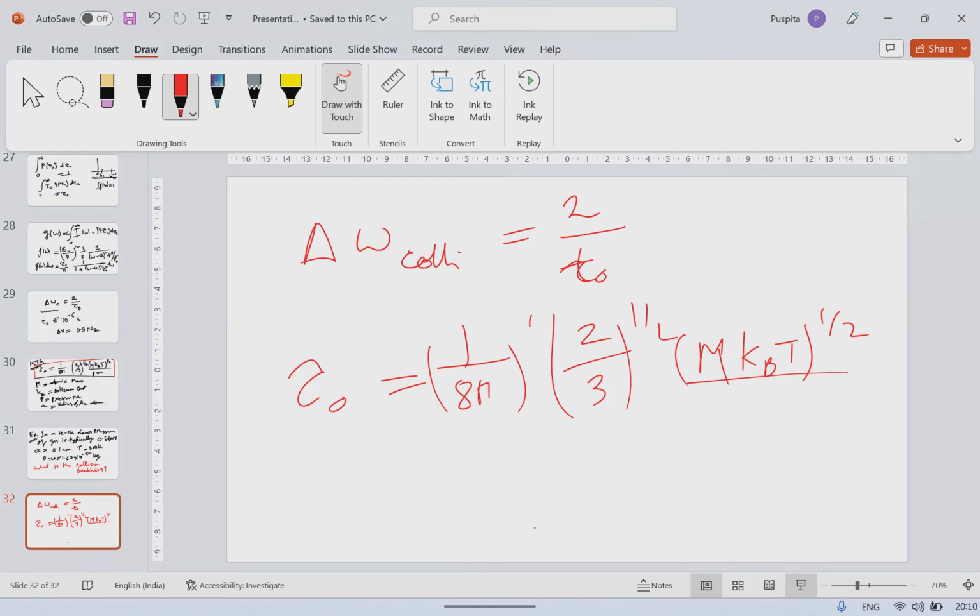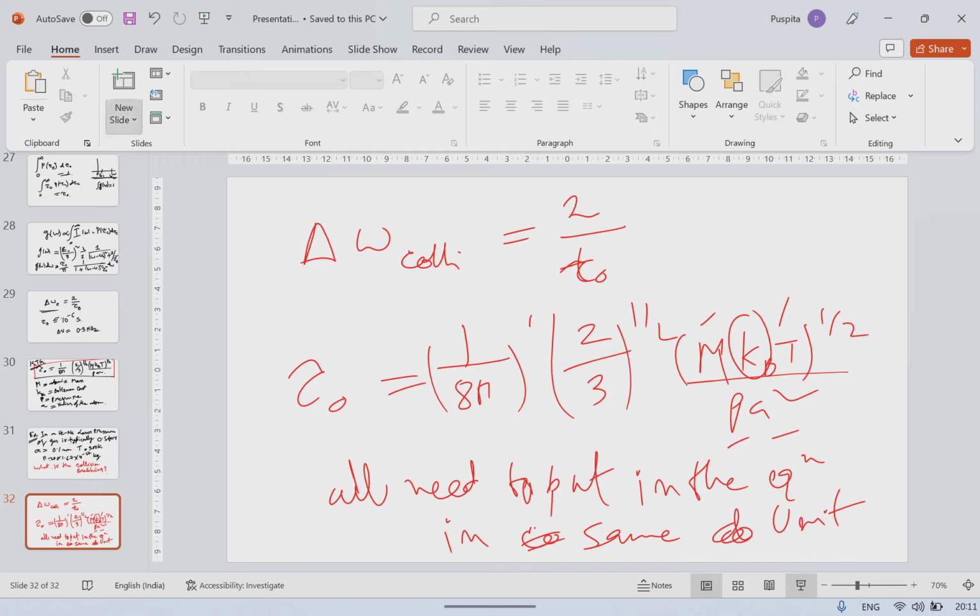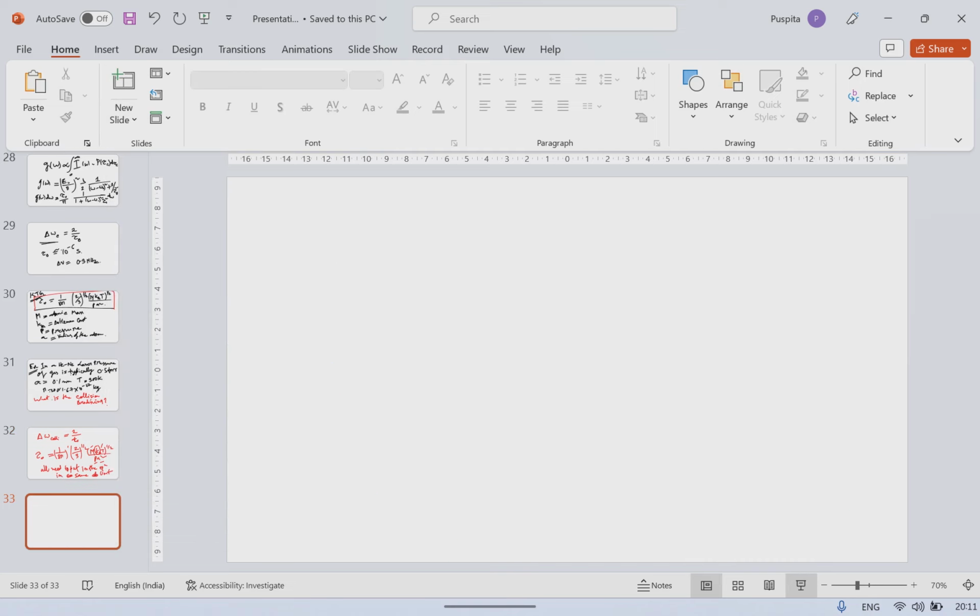To the power half p square. We know p, we know a, we know m, we know T, and we know kB. But all need to be put in the equation in the same unit, either CGS or MKS or SI, whatever.